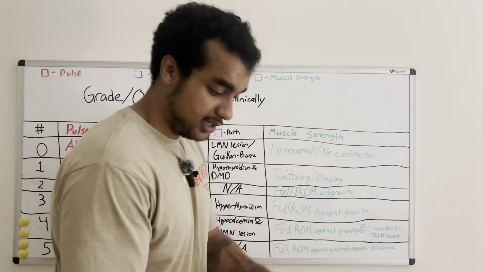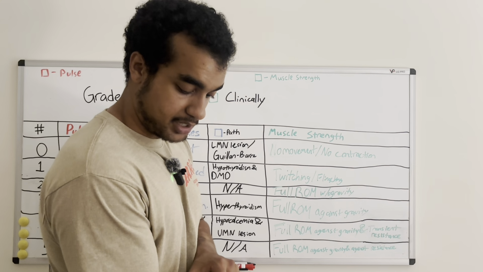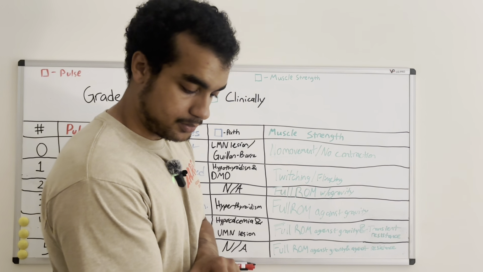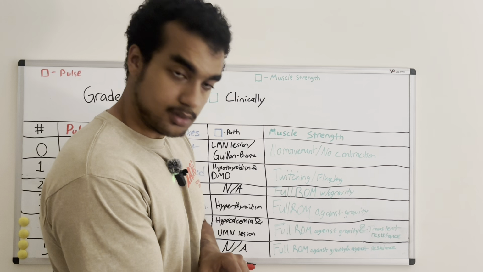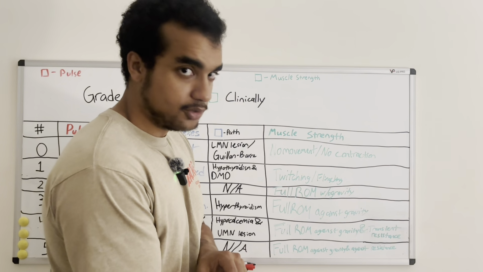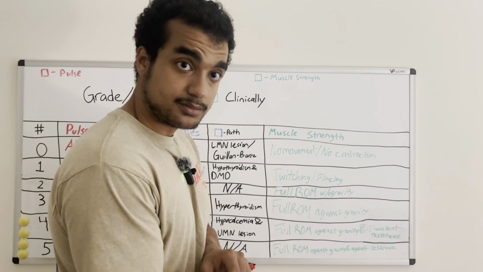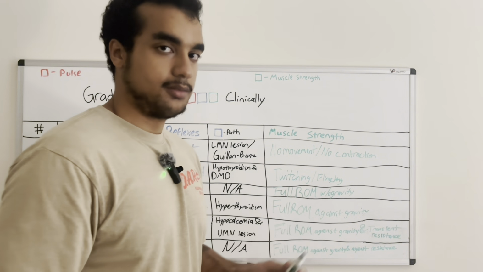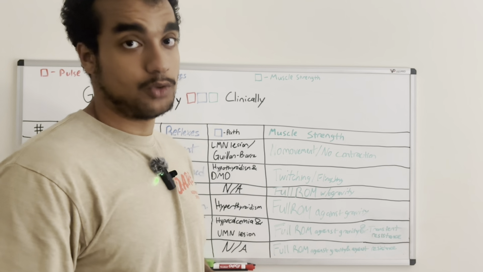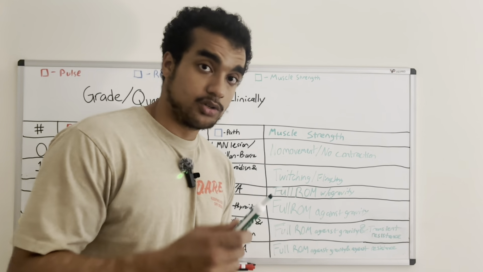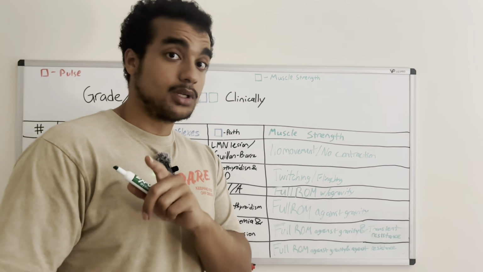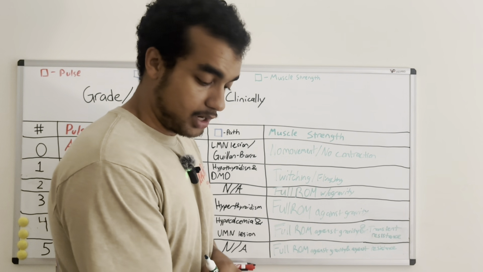Now, if you say, pick up your hand, pick up your arm, and it's like twitching, I don't know if you ever see that, but there's twitching in the bicep, okay? It's going to be grade 1. Grade 2 is going to look a lot like grade 1, right?